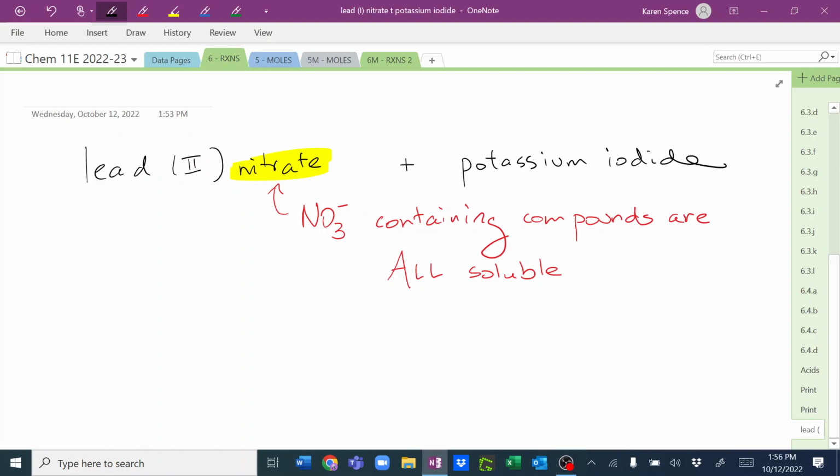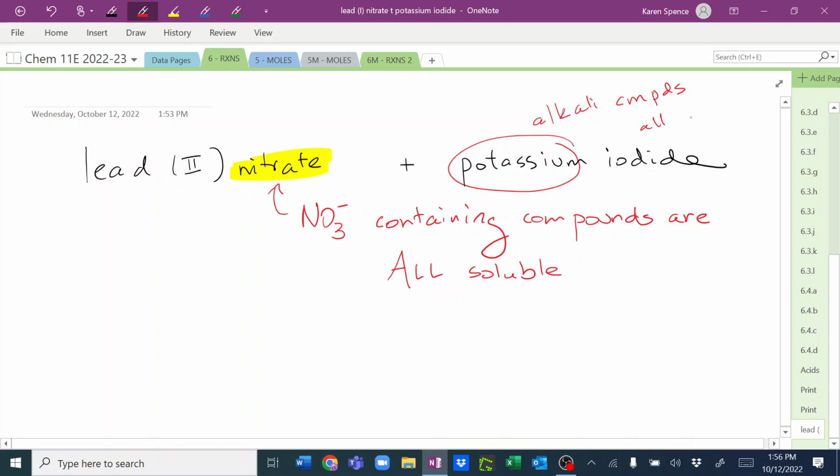Are they all aqueous? What do you think? They're both soluble because why do we know that potassium iodide must be soluble? Because it's got an alkali, and alkali compounds are all soluble.